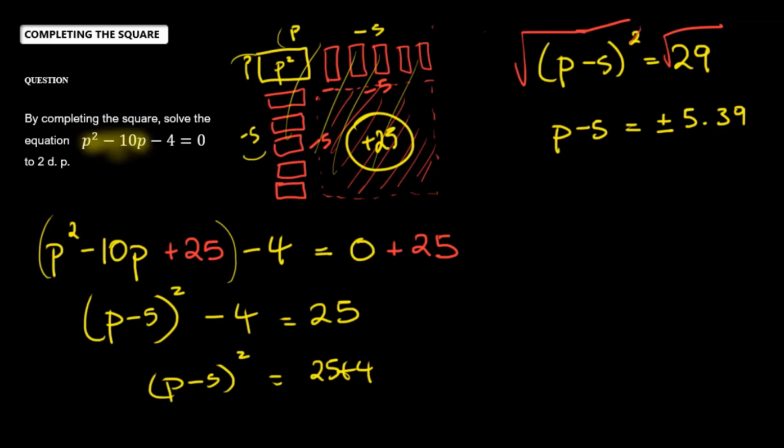And if that's true, I can again do some transposing, so I can carry my negative 5 over here. So that means p is equal to 5 plus or minus 5.39.